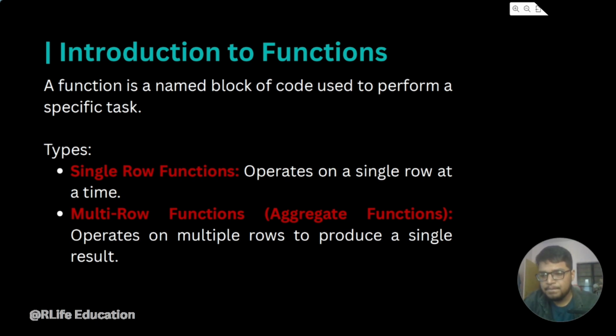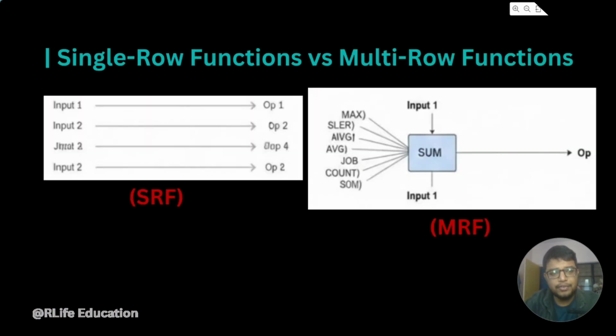Now, different types of functions. In SQL, two types of functions are there: single row function and multi-row function. What does it mean by single row function and multi-row function? A single row function is already defined. Single row function means if you give one input, it is going to give you one output. If you have 10 inputs, it is going to give us 10 outputs.